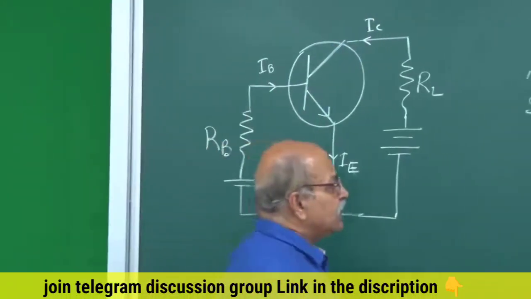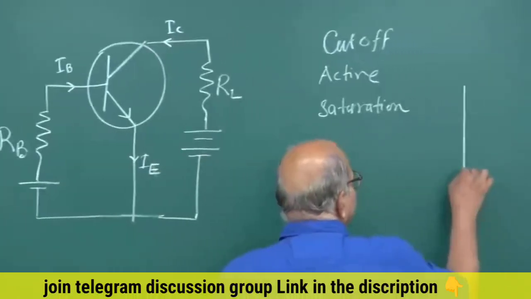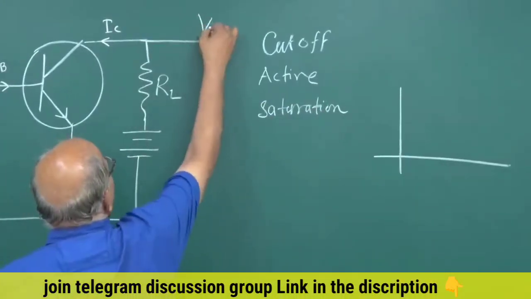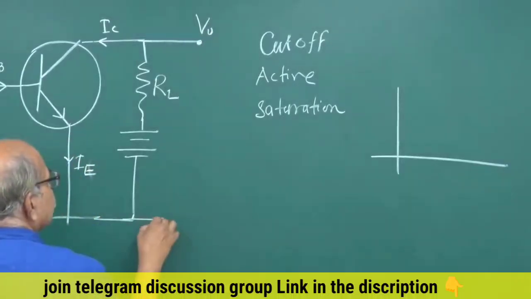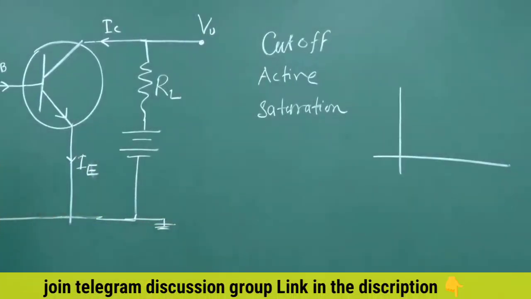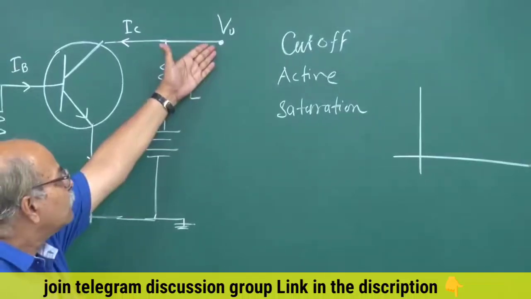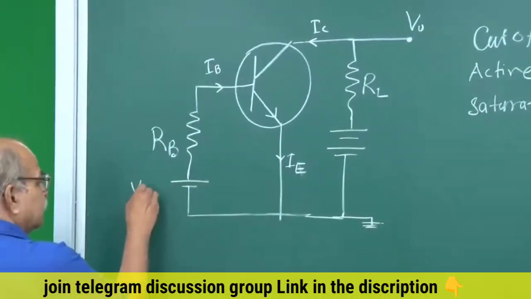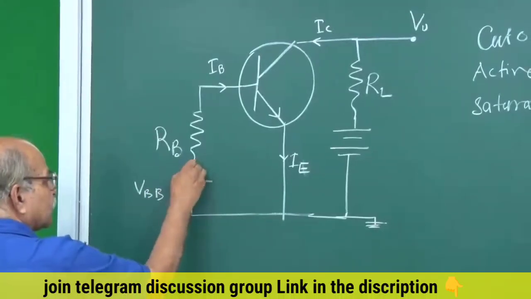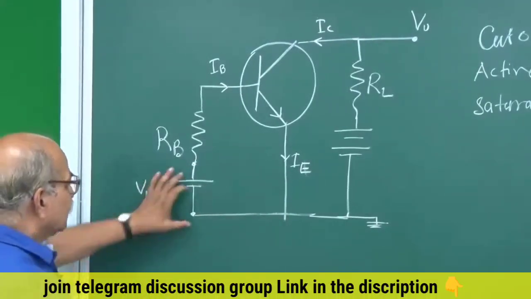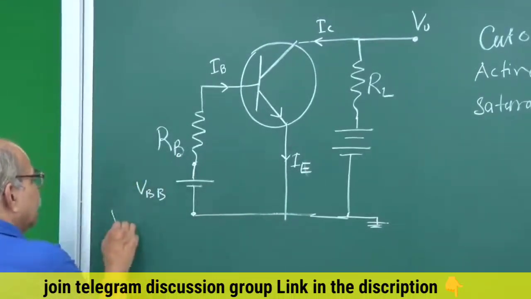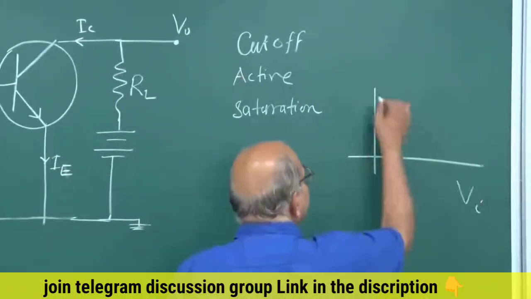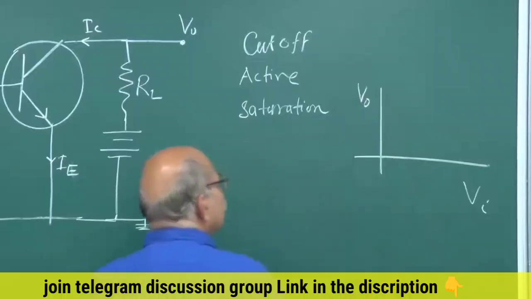So, if you draw a graph of, say, output voltage, this is our output voltage VO, this is 0 voltage, ground, which we call. If you draw a graph between this output voltage and this input voltage that you are applying, VBB, which you can call VI, input voltage. So, if you plot this graph here, what happens?